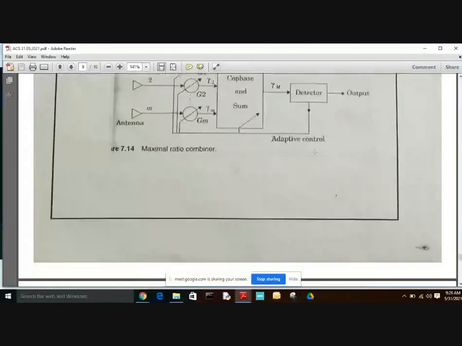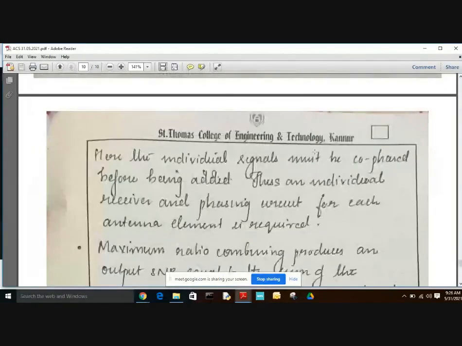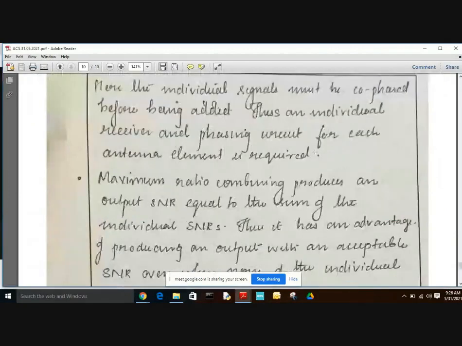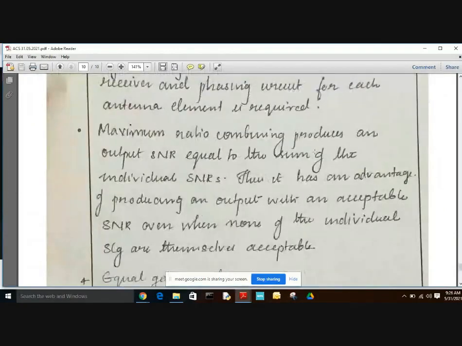Thus an individual receiver and phasing circuit for each antenna element is required. Next, maximum ratio combining produces an output signal to noise ratio equal to the sum of the individual signal to noise ratios, and thus it has the advantage of producing an output with acceptable signal to noise ratio even when none of the individual signals are themselves acceptable.